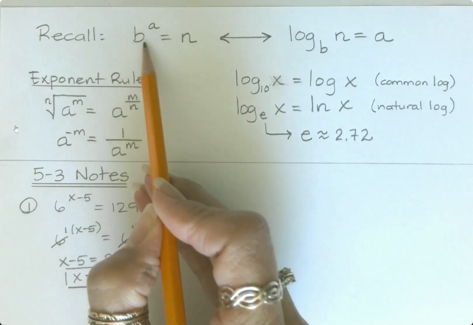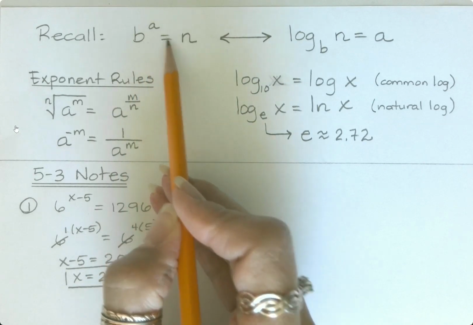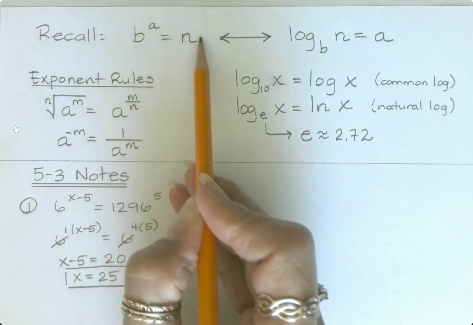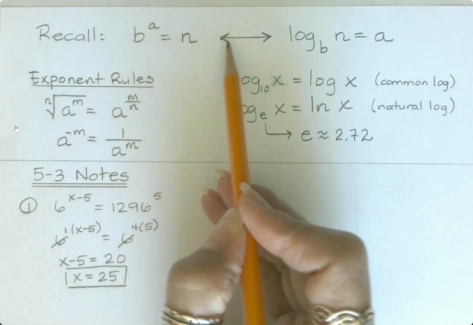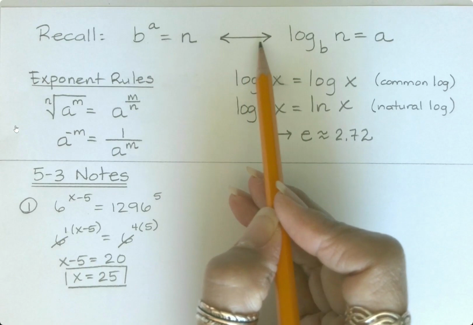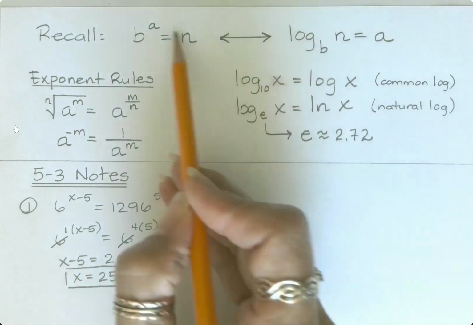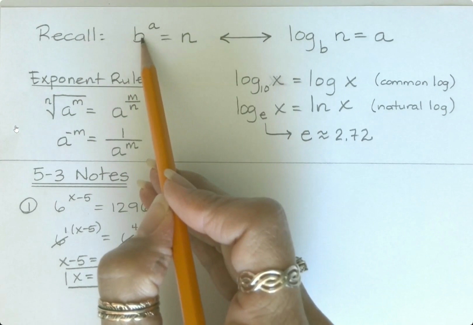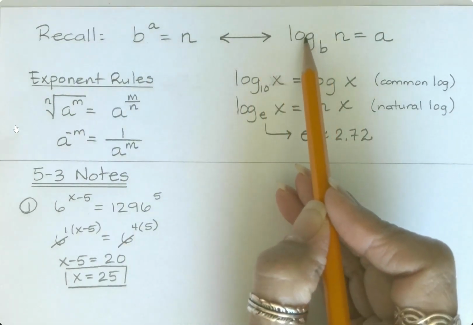We call this the base, raised to an exponent value equals, and our answer is our output value, and we're representing this with the letter n. If we were to rewrite an exponential function into a log function, the base value of your exponential function is going to be the subscript of your log.